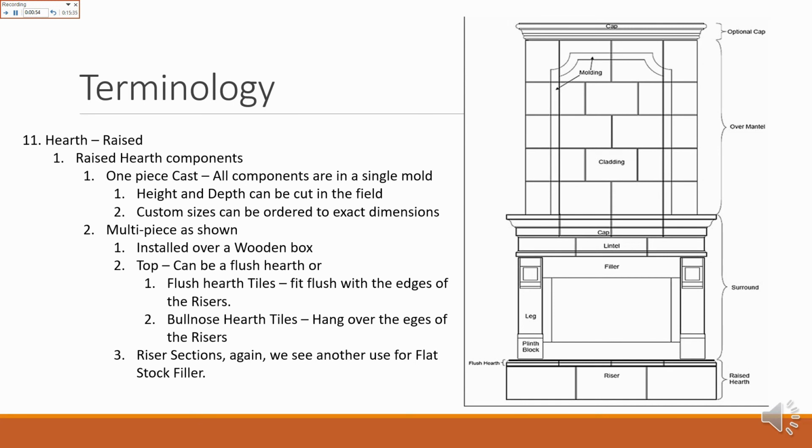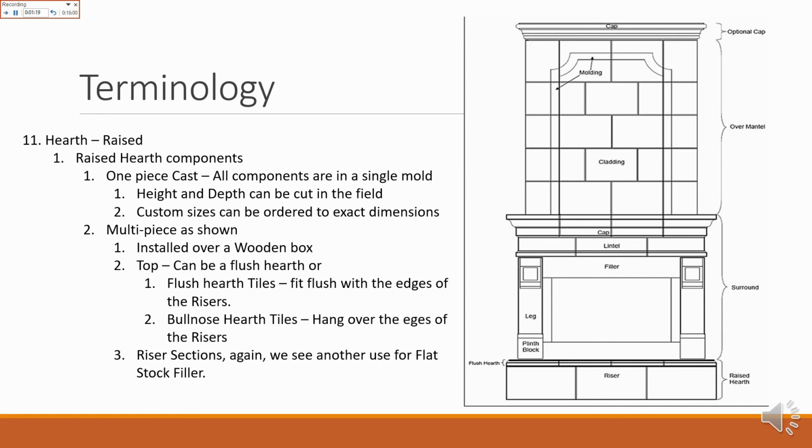But let's suppose you want to do an entire wall and there's no one piece that's long enough, or you want a fancy shape or something like that. One of the other options is you can create a wooden box. I say you can create it, you can also order it from HearthCo. You can give HearthCo the dimensions and they'll prefab the wooden box for you.